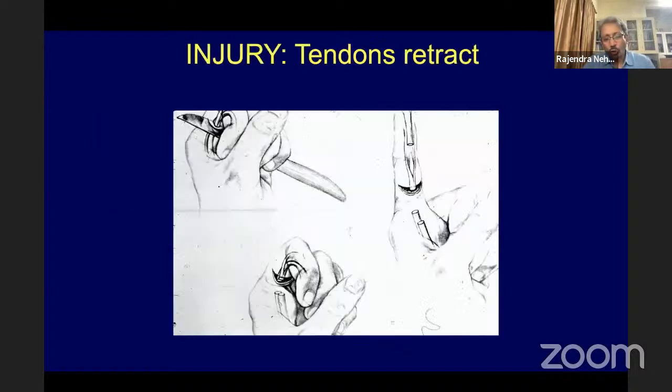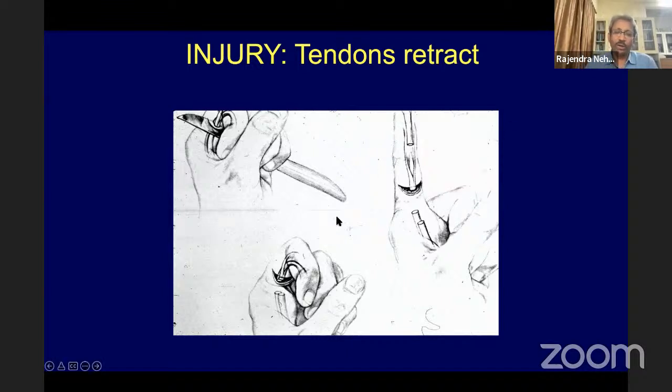You have to remember zone 2 injuries are mainly because of knife injuries, particularly when somebody is attacking another person and that person flexes his fingers on the knife, or somebody is trying to cut fruits or something, and during flexion it gets cut.